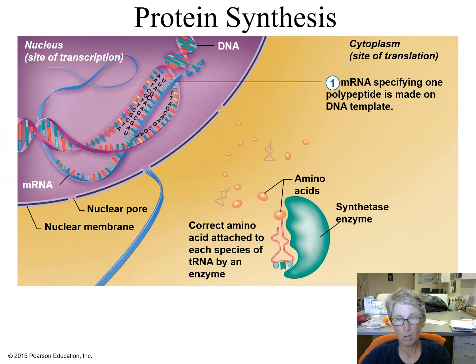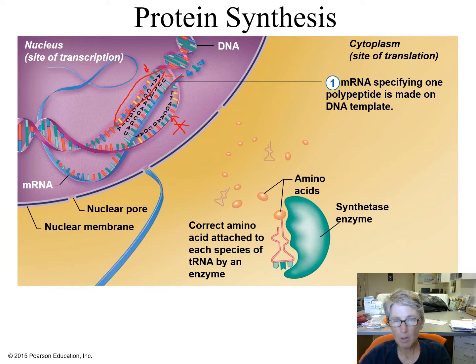Okay, so here's our cartoon. We'll go over it a little slower, one step at a time. We talked about this. The cartoon is enlarged, so you can see this sequence of DNA. This is the template sequence of DNA because you're going to make your messenger RNA from this strand of DNA, not this strand of DNA.